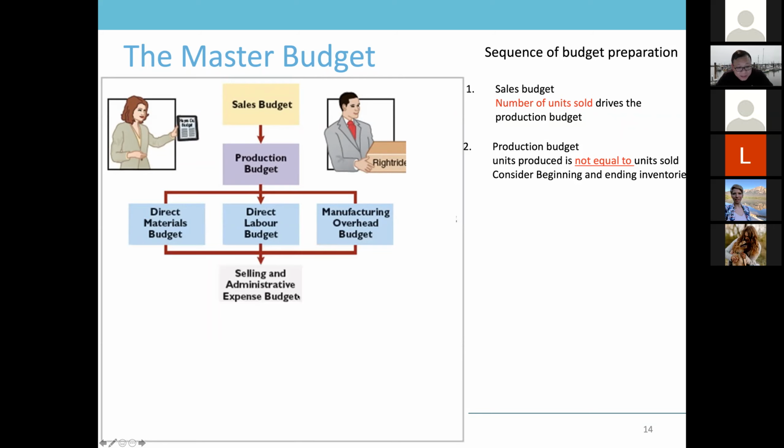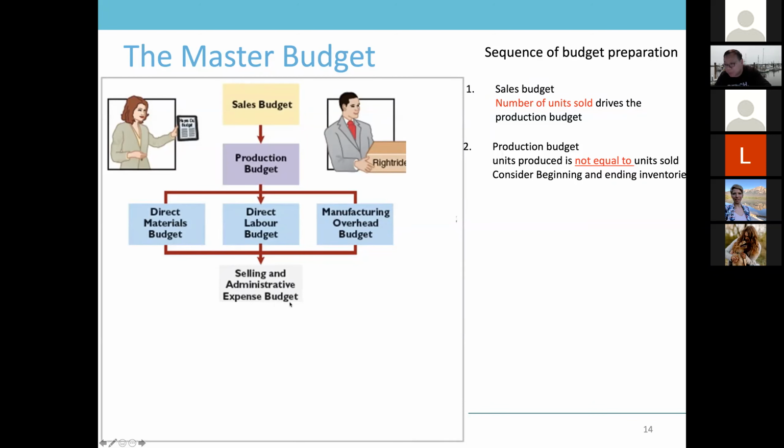And the selling and administrative expenses budget is not a product cost. It is a period cost, right?